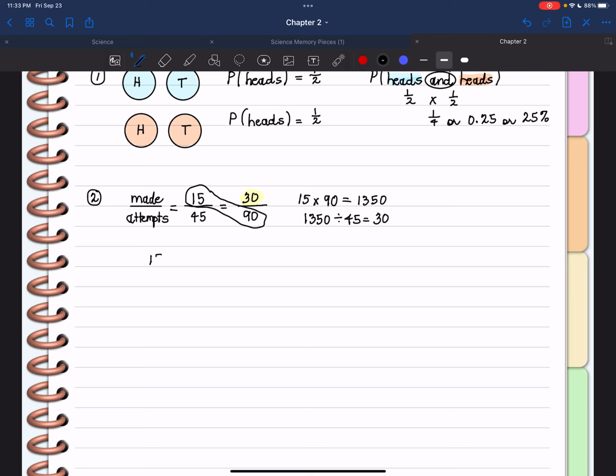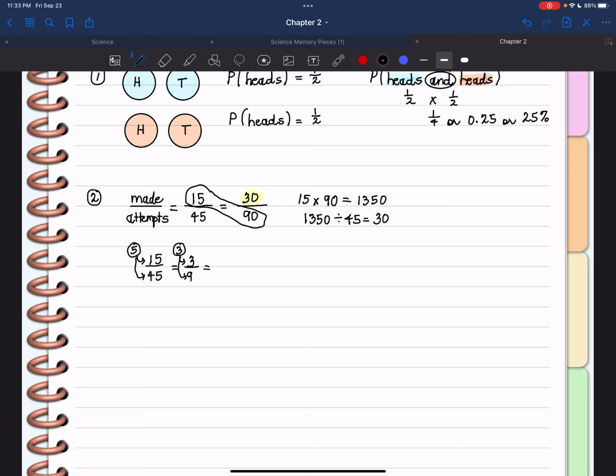He made 15 out of 45. If you simplify that down, it'll work by 15, but I think most people would think of a 5. So you're going to have 3/9, which will go again by 3.